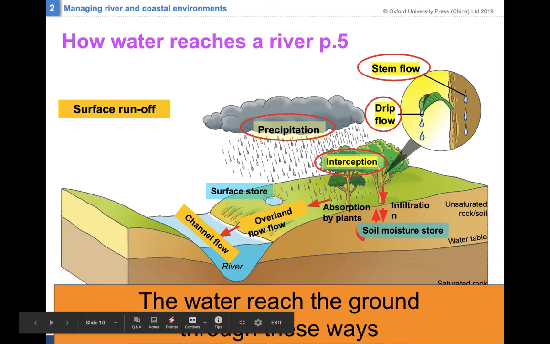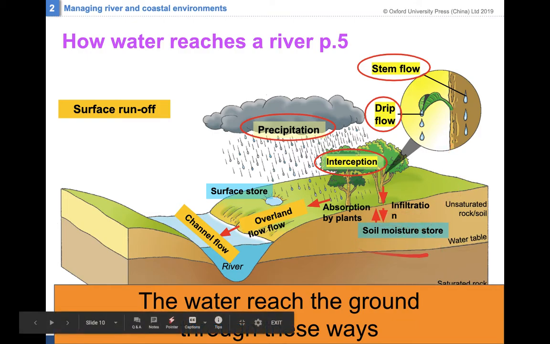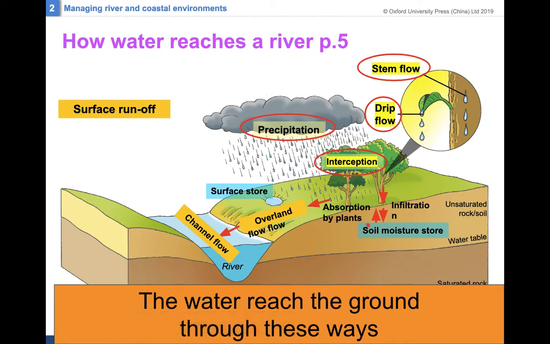The soil will get the water and accumulate some moisture in the soil layer. This is the unsaturated soil or the small size of the rocks, which still has space for the water to enter. This is also where the soil stores moisture.